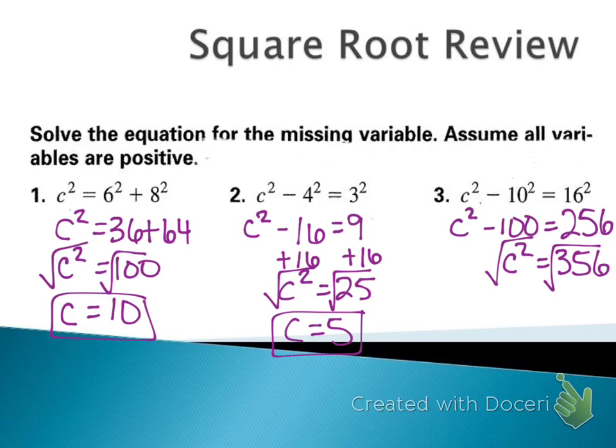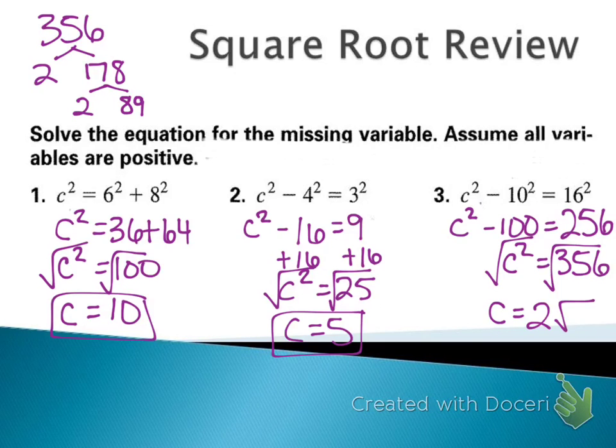It is not a perfect square, so we have to see if we can break it down. It's 178 times 2. So that means the square root of 356 is going to simplify to what? 2 root 89.